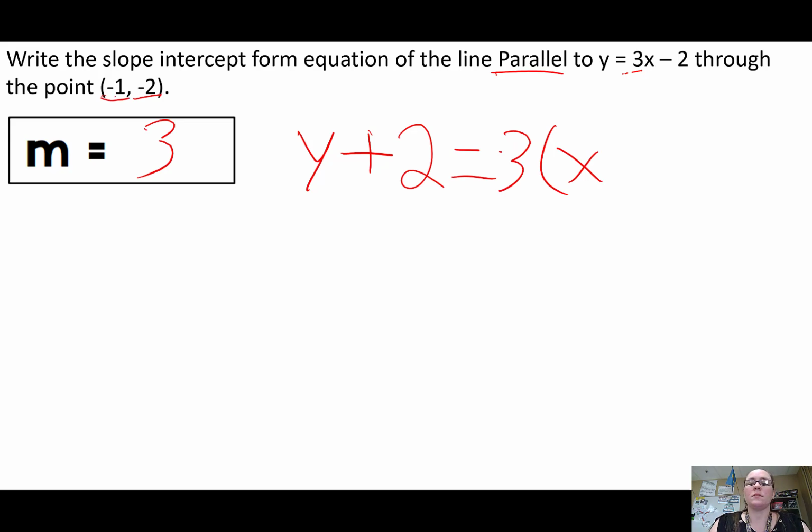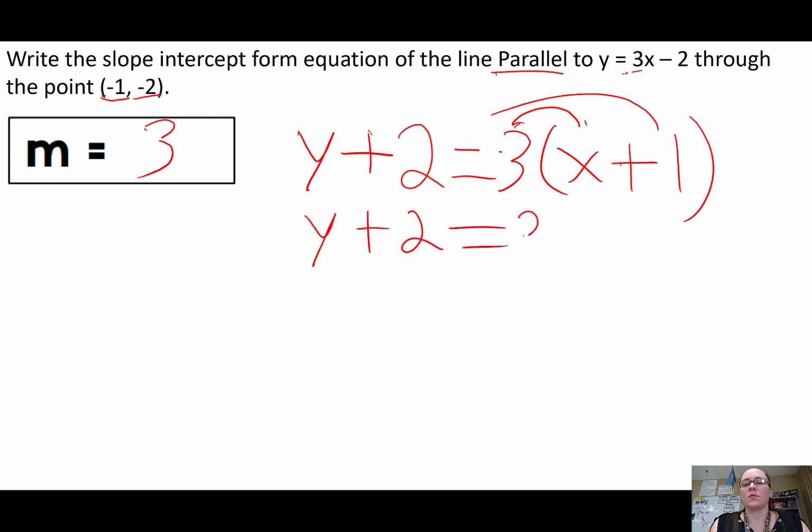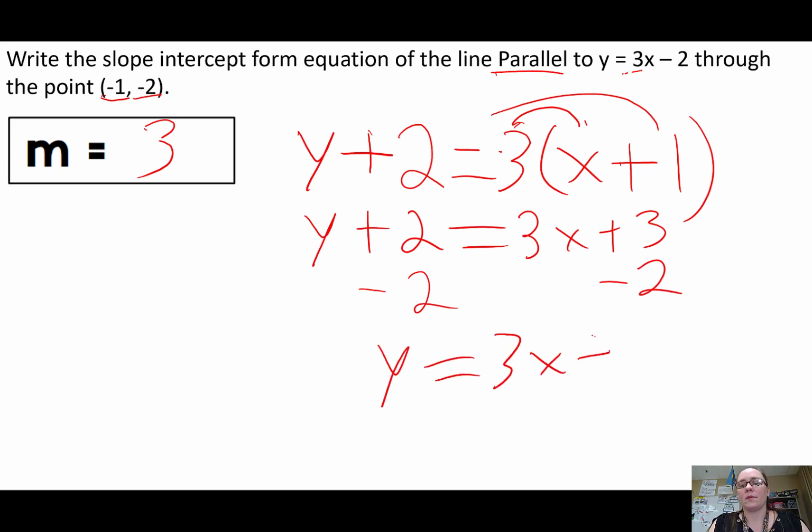Then our x1, so we minus the -1, so it becomes plus. Now we still need to put it in slope-intercept. So distribute the 3. I get y plus 2 is equal to 3x plus 3. Then we're going to subtract 2 on both sides, giving me y is equal to 3x plus 1.